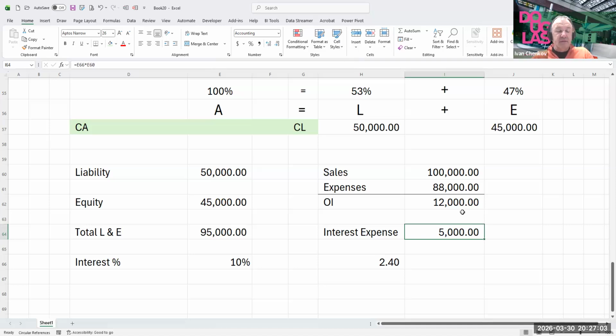If the debt is getting cheaper, that gives you $7,000 income coming to your pocket now. Why? Because with the 12 you can cover the 5 and you can keep 7. Make sense? Now in this case, it doesn't make sense to borrow more.